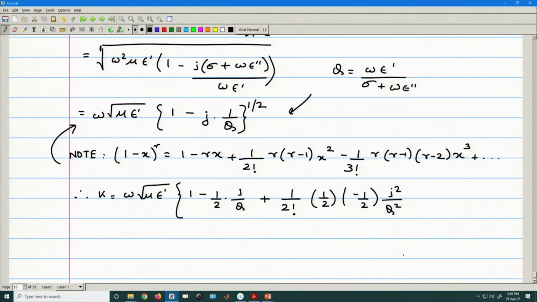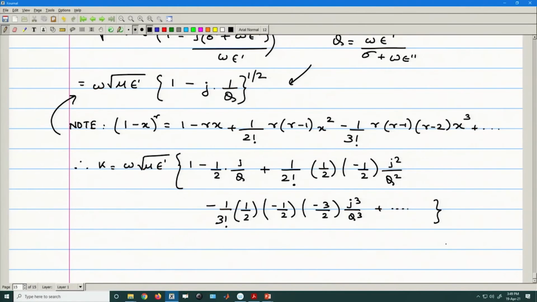Then minus 1 by 3 factorial, r is half, r minus 1 is minus half, r minus 2 is half minus 2, that is minus 3 by 2, x cube, so in place of x cube we will write j cube upon q cube plus this, okay.